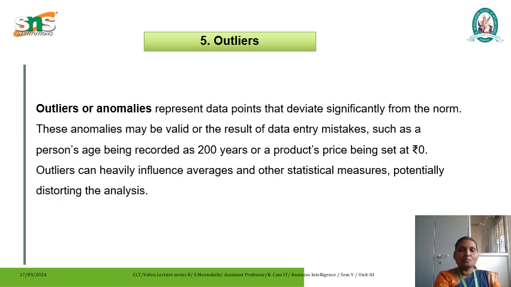So it is impossible for a person's age to be 200 years, and zero is not at all possible as a price tag. So these kinds of outliers or anomalies can happen by manual carelessness, and these outliers can heavily influence averages and other statistical measures, potentially distorting the analysis.